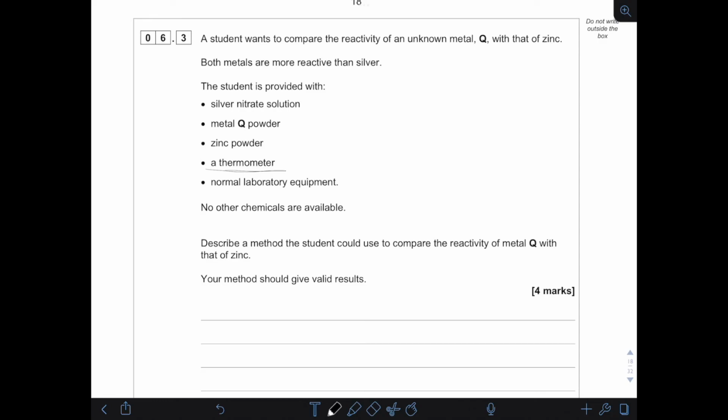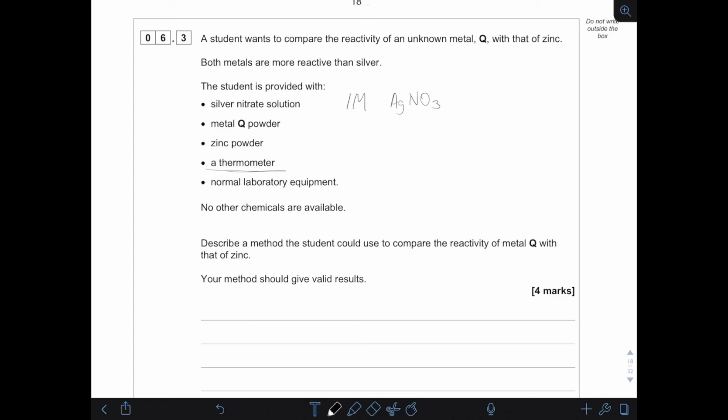You want to use excess metal, and you want to use a known amount of sulfur nitrate. So you want to use a standard sulfur nitrate solution, say 1 molar, and you use exactly the same volume for both reactions. You want an excess amount of metal.